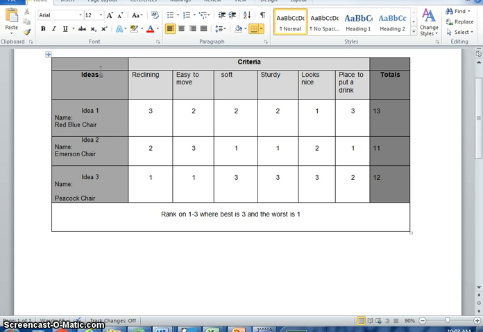The red and blue chair, because it ranks the most numbers. Does that make sense to you? Yes. I added it wrong. Okay, which one would you definitely not take? The middle one, because it scored the lowest out of all of them.